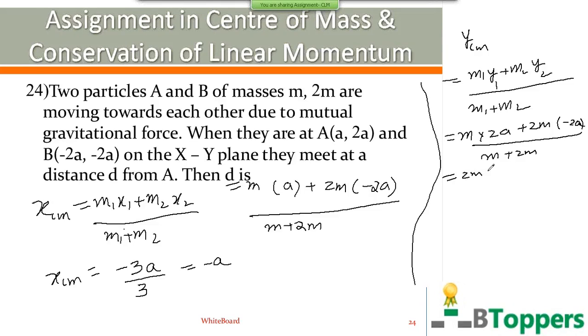So this will be 2ma minus 4ma by 3m. So the y coordinate of the center of mass of the two particles is minus 2a by 3.